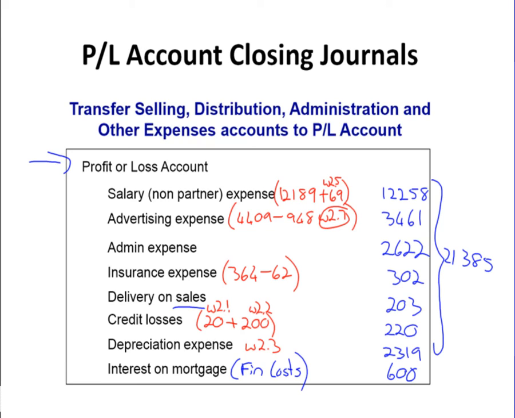Let me pull up my calculator quickly. And we'll end up with 21,385 plus 600 gives me 21,985. Okay, so we now have got all the movements into the profit or loss account.